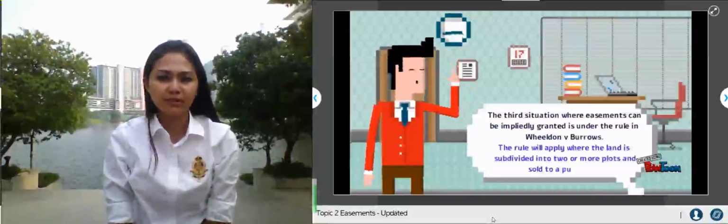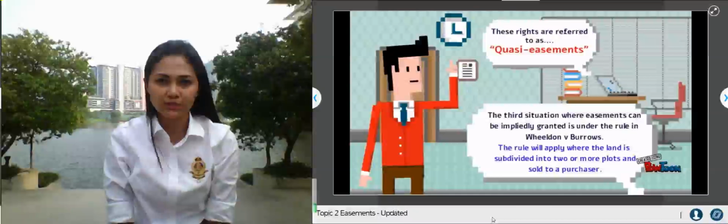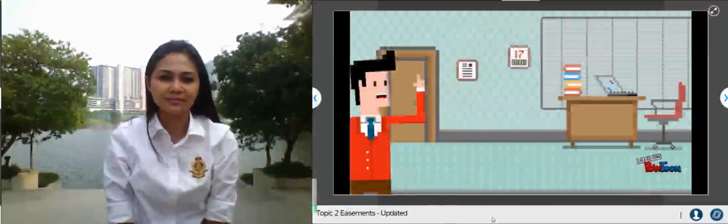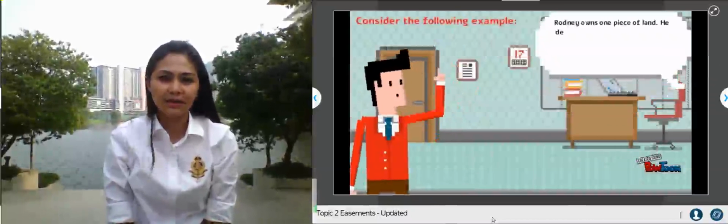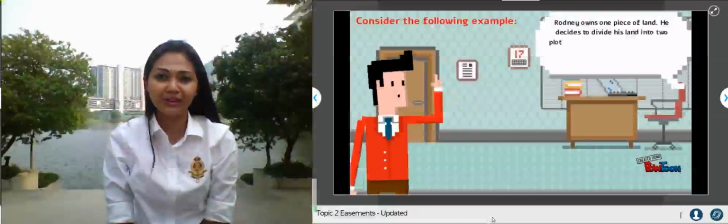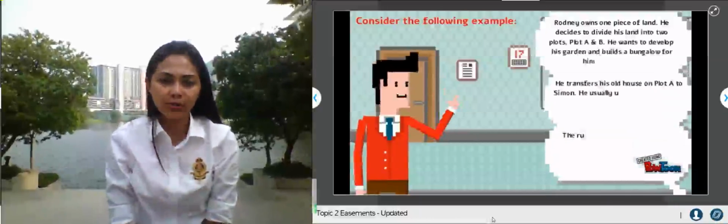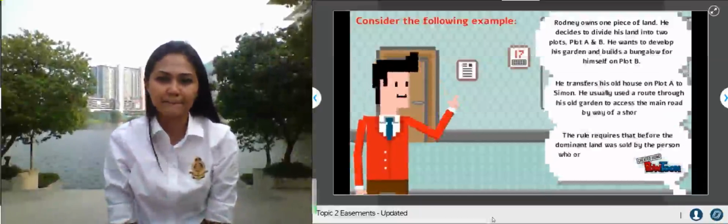The third type of easement is easement created by way of Wheeldon and Burrows, or known as quasi-easements. That's the third example. The crucial characteristic of Wheeldon and Burrows is that you have one piece of land, but you subsequently divide it into two plots.